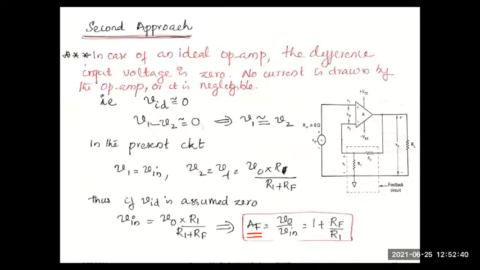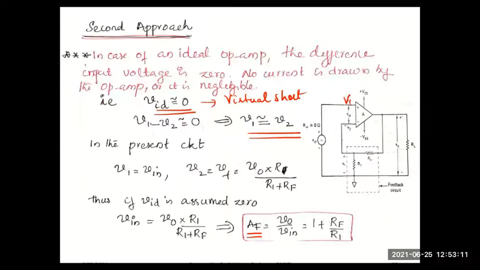You see, in this circuit, the differential input voltage VID is considered as 0 using the concept of virtual short. Remember that. Because of virtual short, this differential input voltage is 0, which means I can consider V1 as approximately equal to V2.